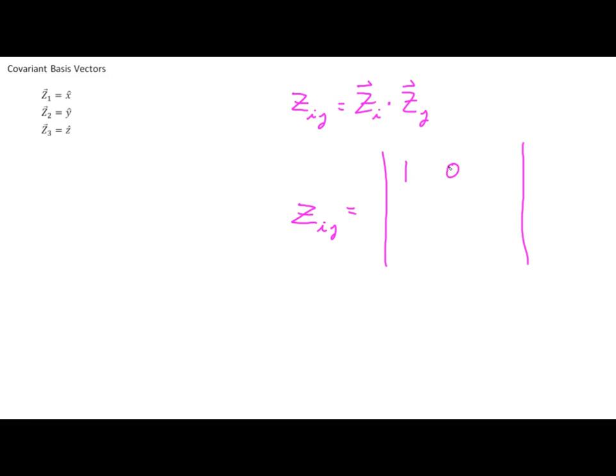Now, because the tensor is symmetric, we can swap i and j. We know immediately that because 1,2 is 0, then 2,1 is 0. We can go ahead and fill this in because the dot product of x with y is the same as y with x, so we only need to do one of them. Now we'll take Z1, Z3: x hat dotted with z hat, which is 0, and again, if 1,3 is 0, then 3,1 is 0.